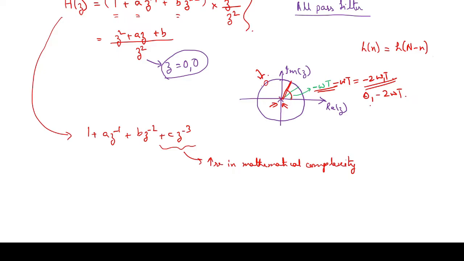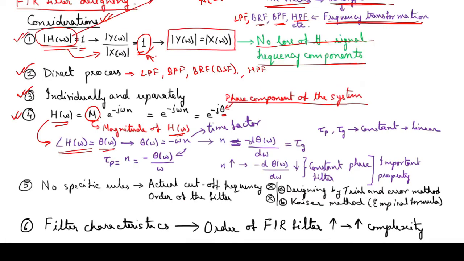However, for this zero, the theta would be different again. So as the frequency changes, as we go to different frequency components, the phase is changing. Since the phase is changing, that means it is dependent on the frequency component. So that's why I have written that phase of H of omega is equal to theta of omega.